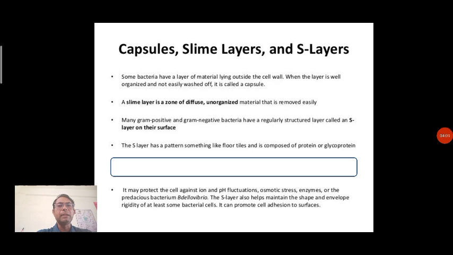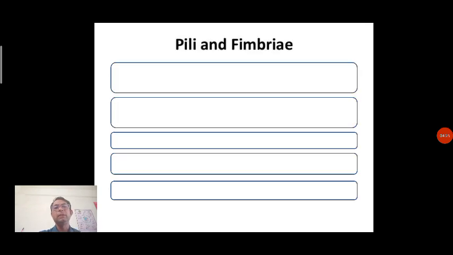The S layer is a protective layer, and it will help in the protection of that particular organism, and it will provide rigidity to the bacterial cell, and that we can say is the most important layer which is present in the bacteria. So different types of layers are present on the external side. This capsule, slime layer, S layer, these are the layers which are present on the external side of the cell. Now the next one is pili or fimbriae.